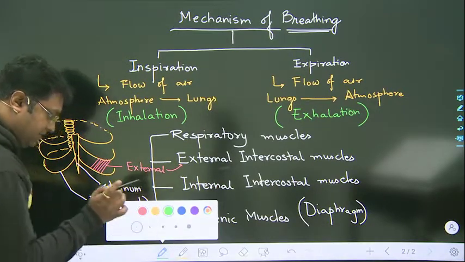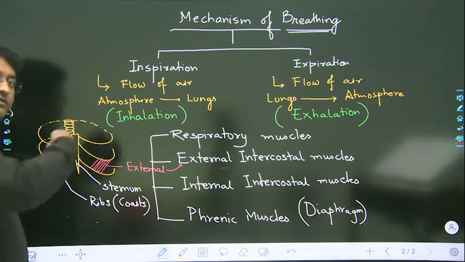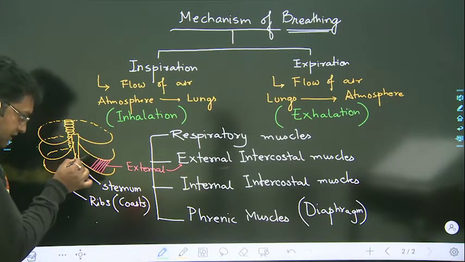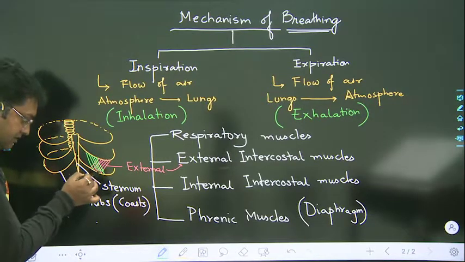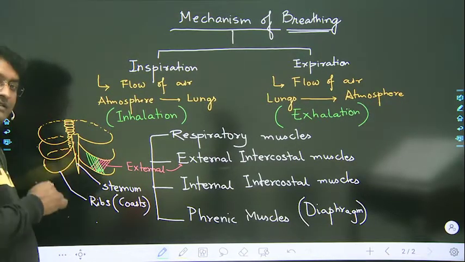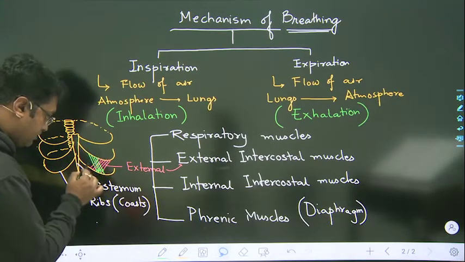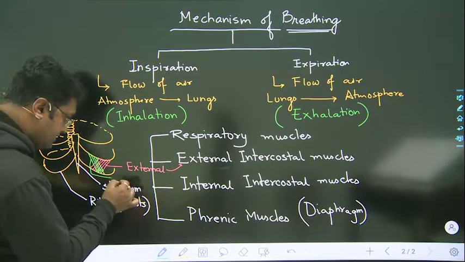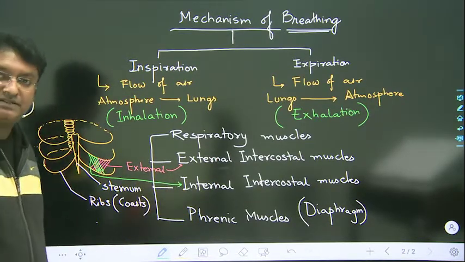And the same thing if I see at the interior side, this type of muscles attaching these ribs from the inner side, this green one, will be generally known as the internal intercostal muscles.